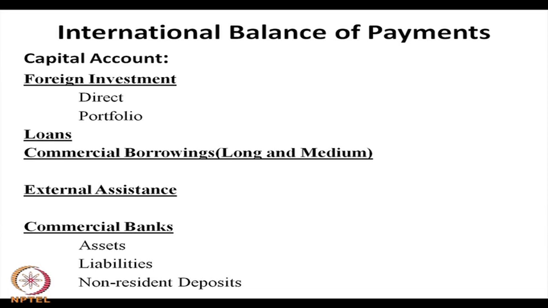It may be direct financial assistance, or assistance in the form of goods and services. Our banks have branches abroad, so their commercial bank assets and liabilities may also be in foreign currency, and non-resident deposits coming through commercial banks are part of the banks' asset and liability side. All these are called the capital account.